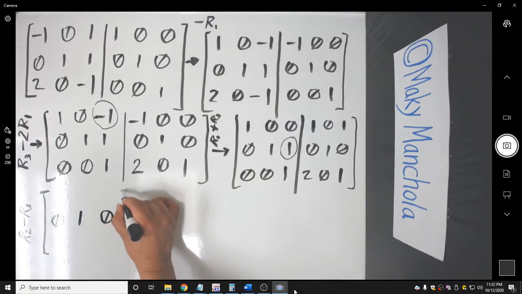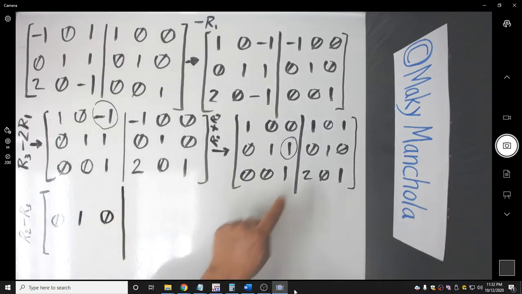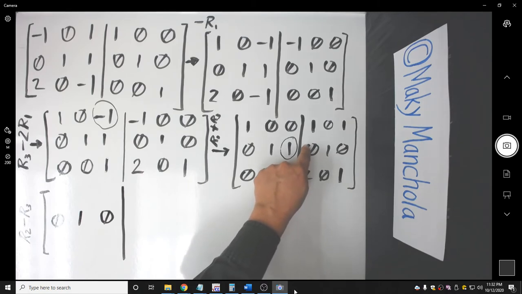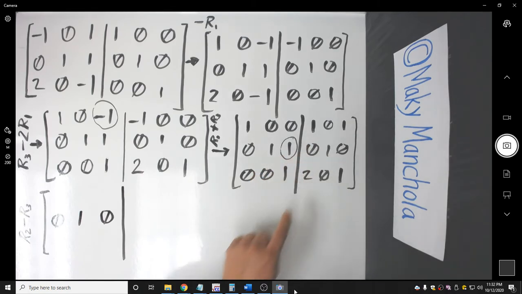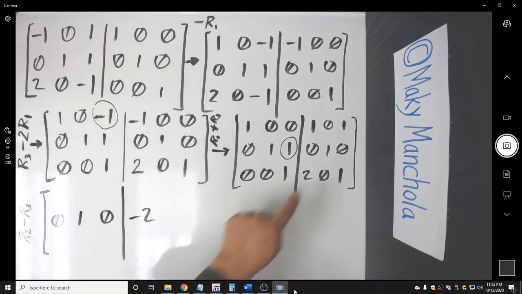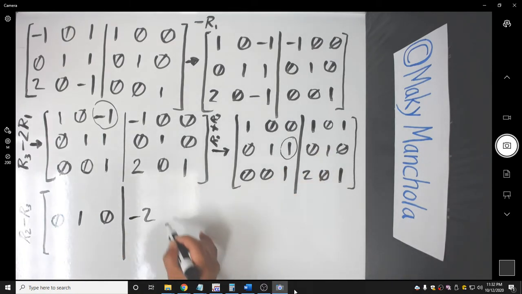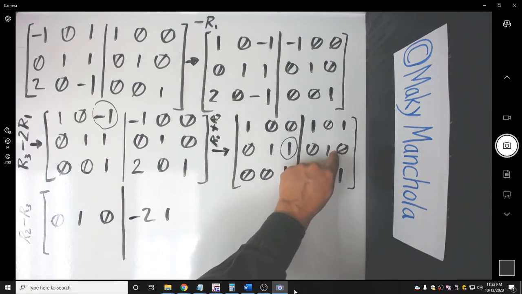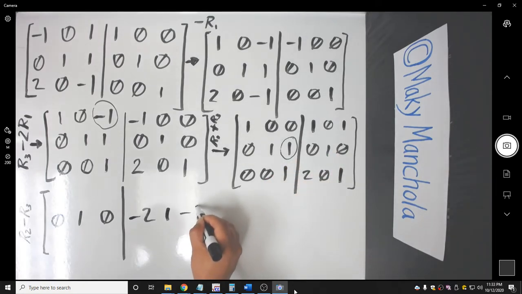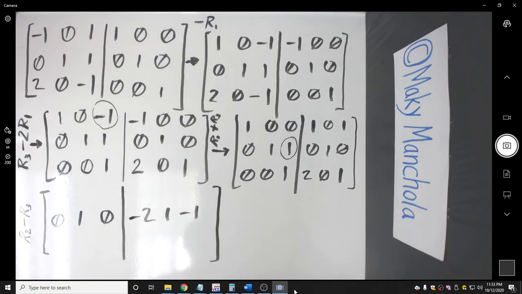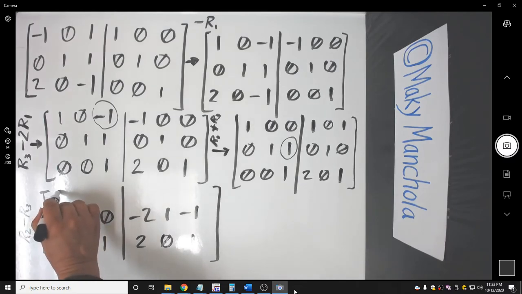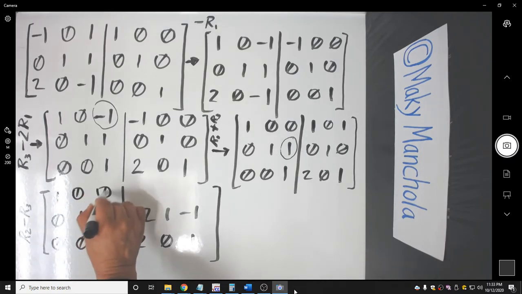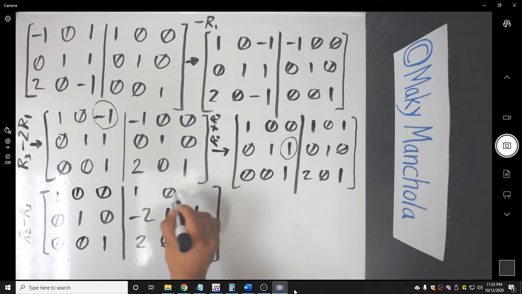Mission accomplished. That's what we wanted. 0 minus 2 is -2. 1 minus 0 is 1. 0 minus 1 is -1. Everything else remains unchanged. So that's 0, 0, 1, 2, 0, 1, 1, 0, 0, 1, 0, 1.